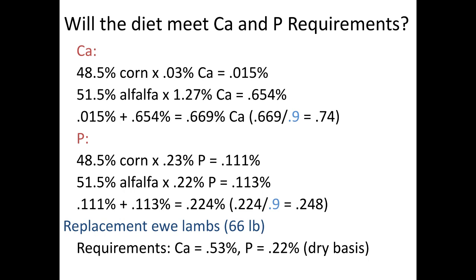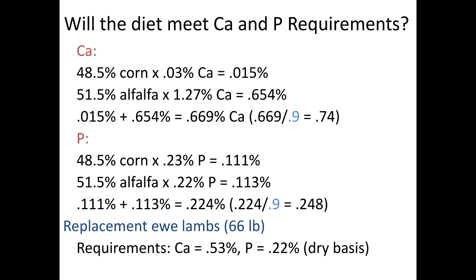So we're multiplying the amount of corn times the amount of calcium present in the corn. That number came from our ingredient composition table that we made at the beginning. This equals 0.015%. Now for alfalfa, 51.5% alfalfa times 1.27% calcium in the alfalfa equals 0.654%.